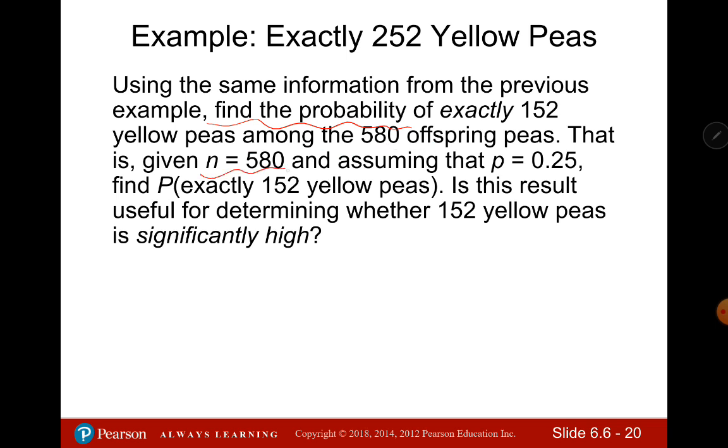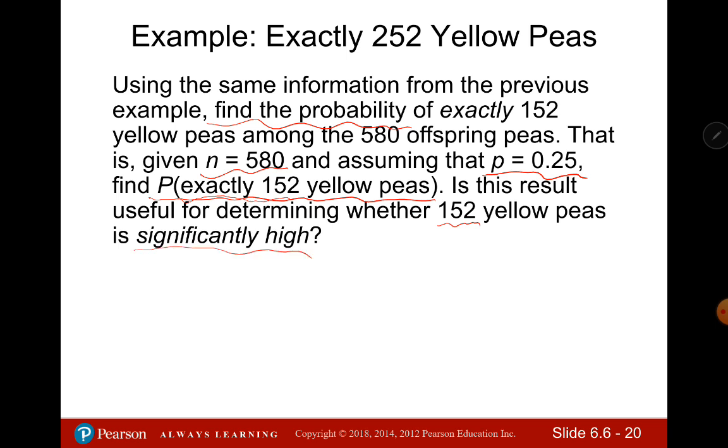So we know n is 580. P is still 0.5, but we want to find this one. And we want to ask the question, can that probability help us determine if this 152 is significantly high or significantly low.